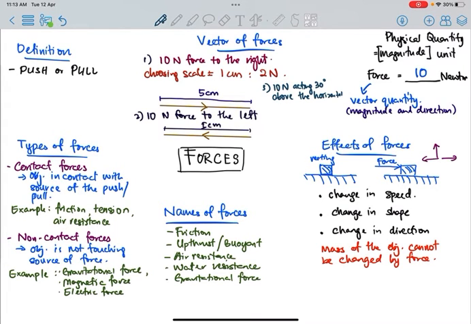So that would mean that you need to have a horizontal line first as a reference, and you have a 10 Newton force, which will be a 5 centimeters line in our case, pointing 30 degrees from the horizontal bench. It can be a bench, it can be a horizontal surface, anything as a reference. And the length of this line should still be 5 centimeters in length.